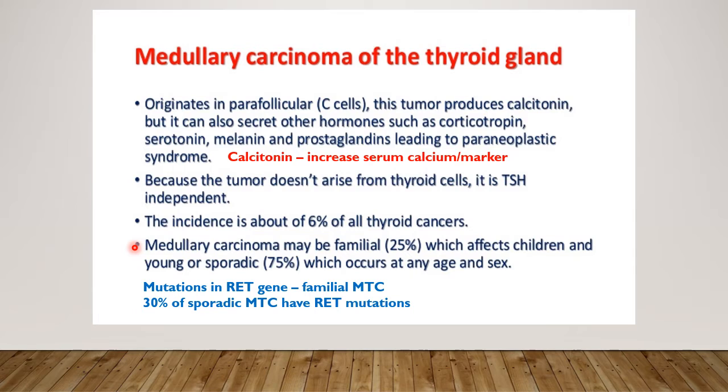The familial type is related to mutations in the RET gene, and this type of tumor is known as familial medullary thyroid carcinoma, MTC. 30% of sporadic MTC have RET mutations.